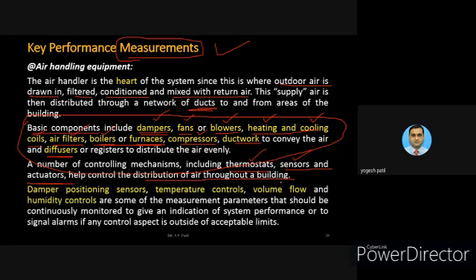For example, dampers. What is required to be controlled in a damper? Damper position control is important, and for that, damper position sensors play the role. In a heating section or airflow system, in many places there is temperature control, so temperature control systems are required to be designed. Damper position control, temperature control, volumetric flow control, humidity control are some of the measurements.